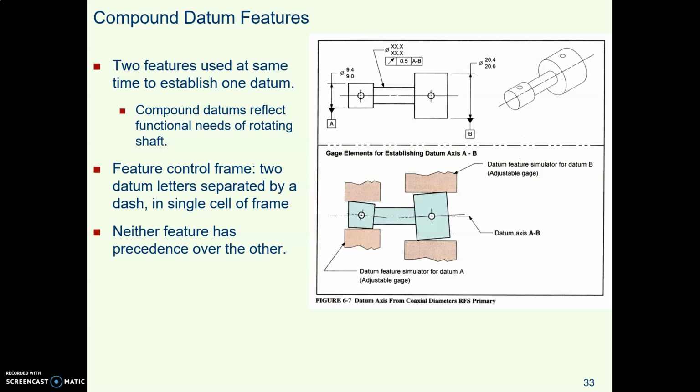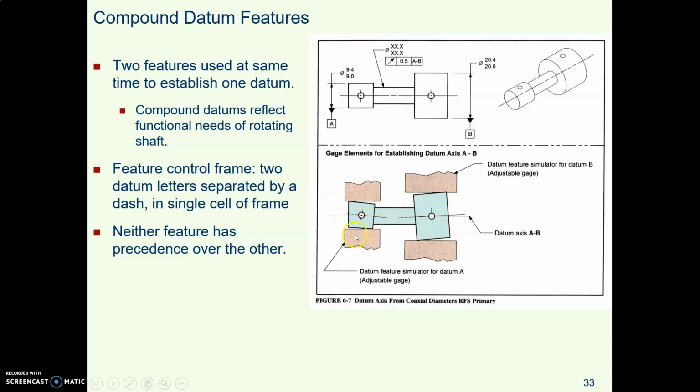What if you've got some shaft, like in a car engine or something, and the ends of the shaft have to fit into, let's say, bearings. There's a bearing on each end. And that's the way the part functions. So when you're inspecting this part, you want to simulate those bearings on each end.